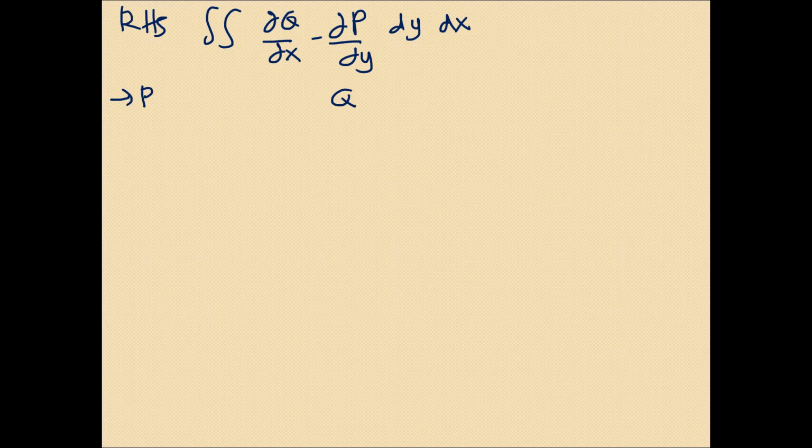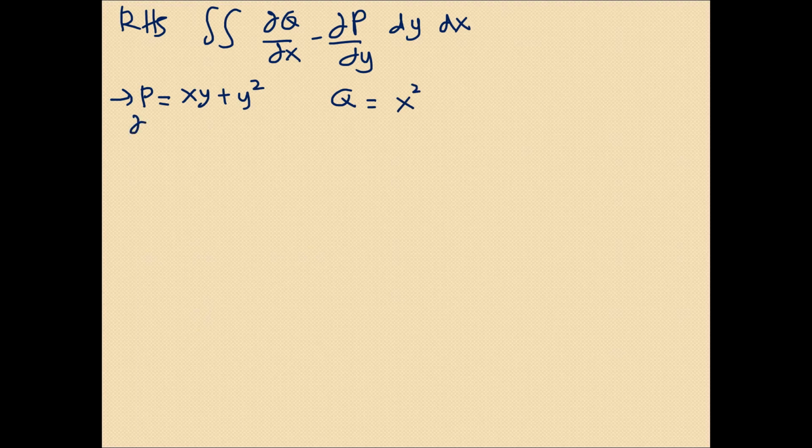The double integral of del q del x minus del p del y. Of course, for this question, we will solve dy dx or dx dy. First of all, you have to know what p is and what q is, because we want to find the partial differential of these. Based on step 1 just now, we know that p is equal to xy plus y squared, q is equal to x squared.